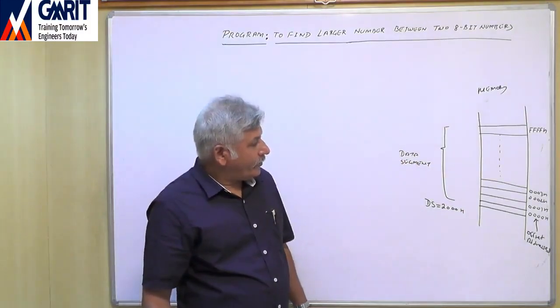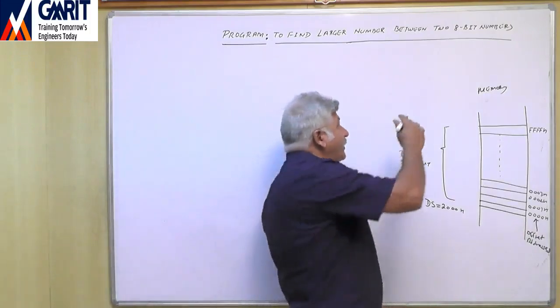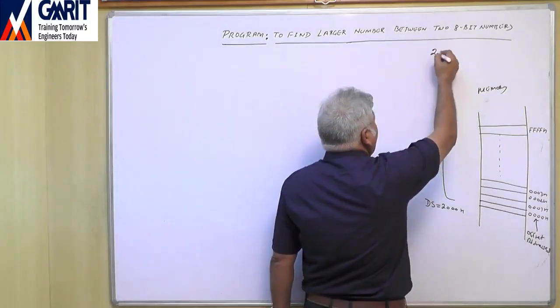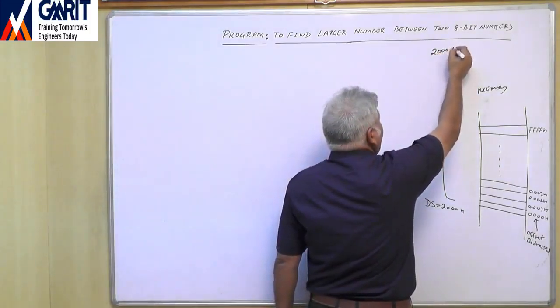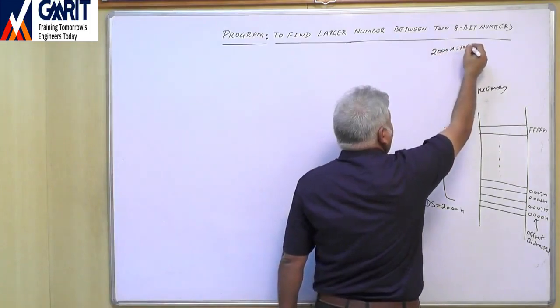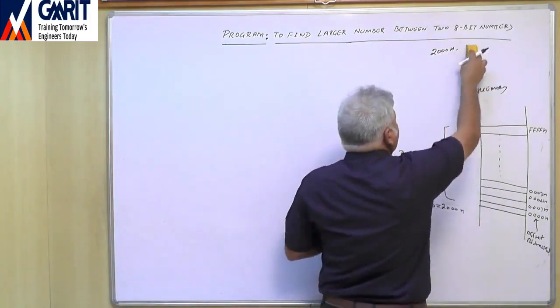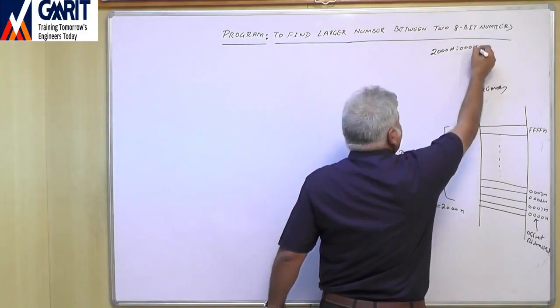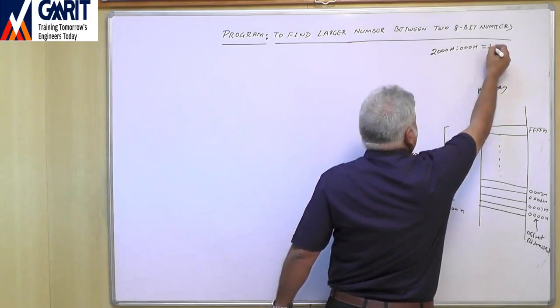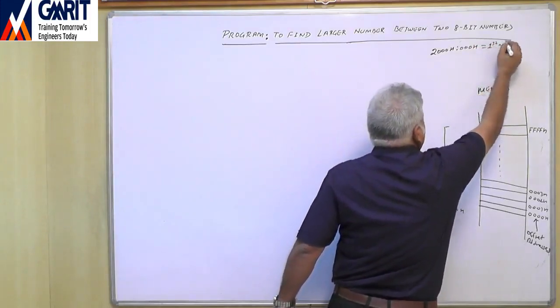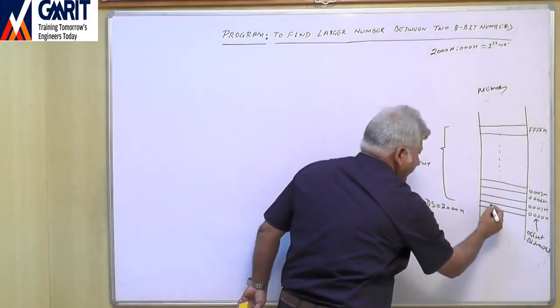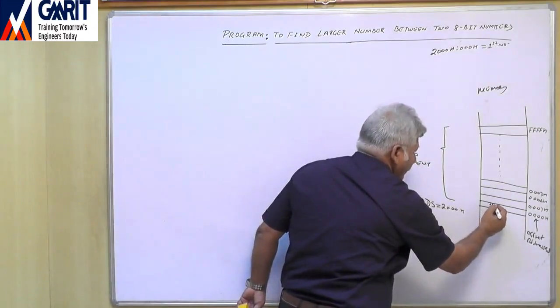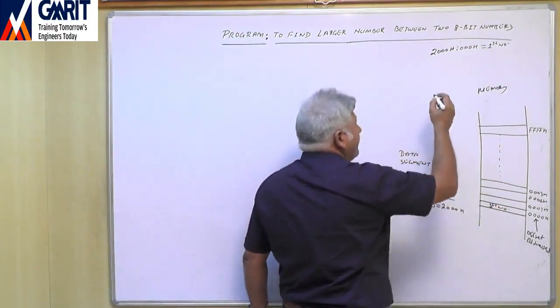So now our first data, let us assume, is at the location 2000H colon 0000H. At this address we have our first number. Our first number is here at this location.